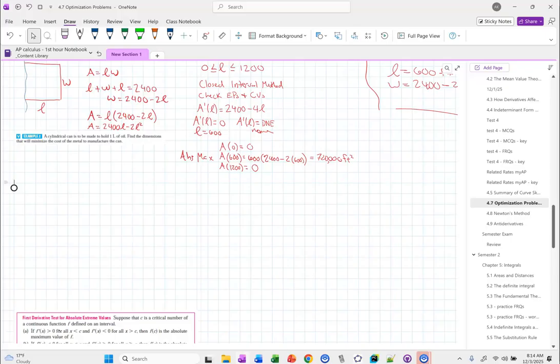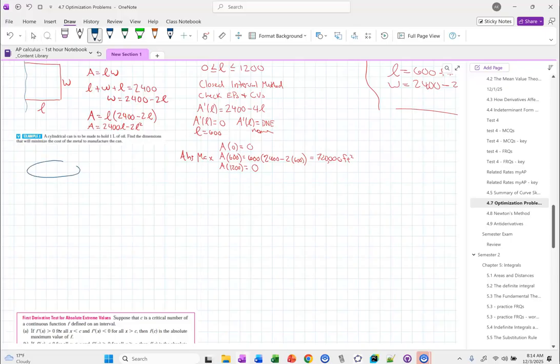Okay, I want to build a cylindrical can, like a Coke can or something. It's going to hold specifically 1 liter of oil, so it's not huge, like half a 2 liter, right?